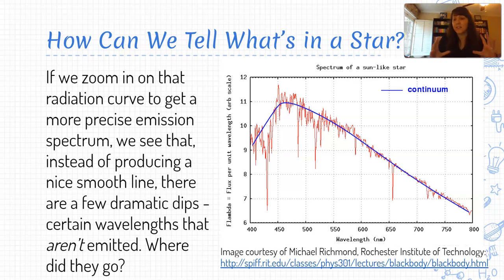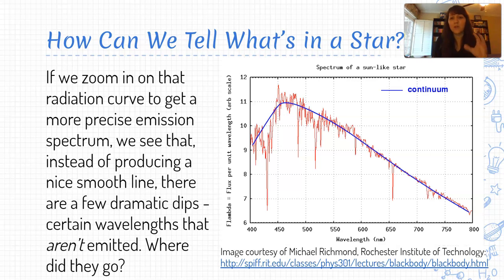So again, this is just zoomed in on that same radiation curve that we were looking at last time. Wavelength is on the x-axis and the intensity of the light at that wavelength is along the y-axis. Before, we simplified and created something kind of similar to the blue line here, where it's just this nice continuous, gradual curve.